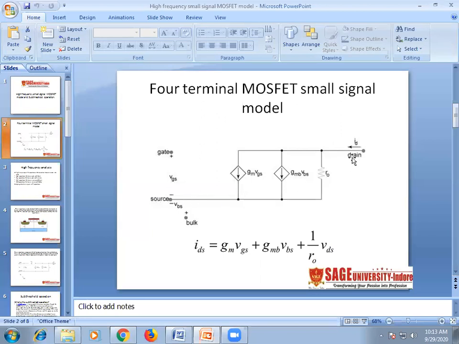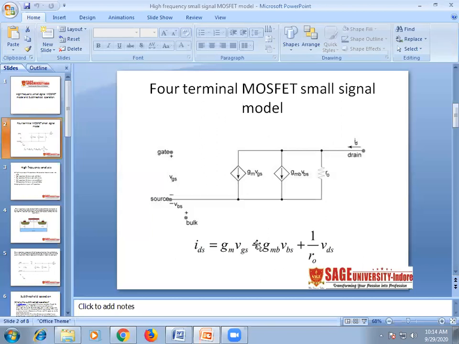The current flowing through this resistance is called the output current, and its contribution is VDS, the voltage applied between drain and source, over the resistance, that is VDS by R0. So this contribution is from the output resistance. These two parameters are present in each and every device at the time of fabrication.